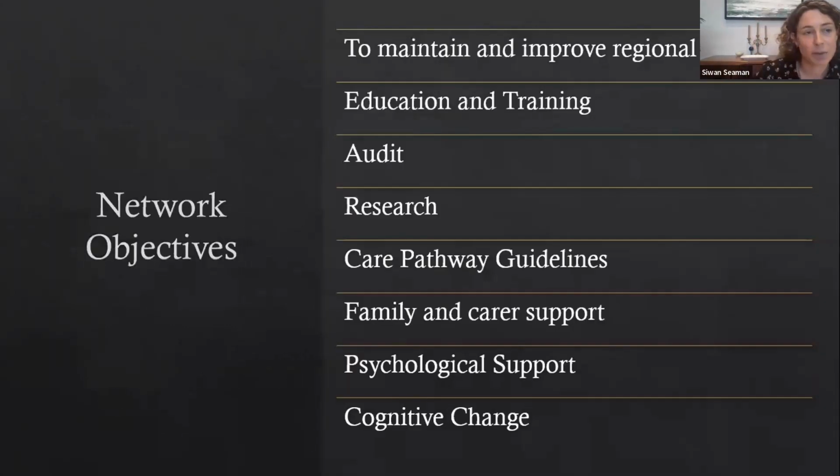So I've mentioned the network, and I didn't explain the funding of the network. The care coordinators lead care across the network, ensure standardisation of care, and are the main link for patients.